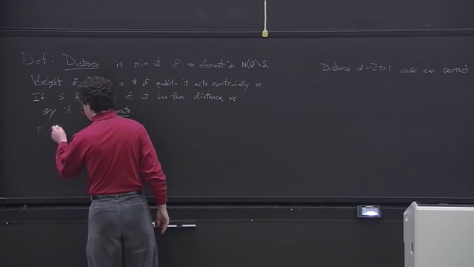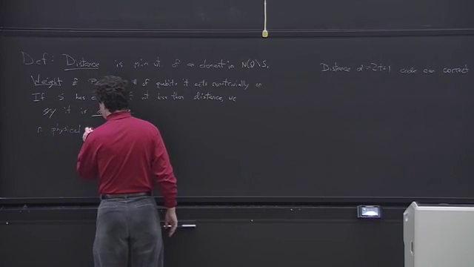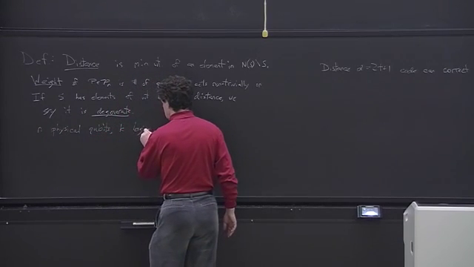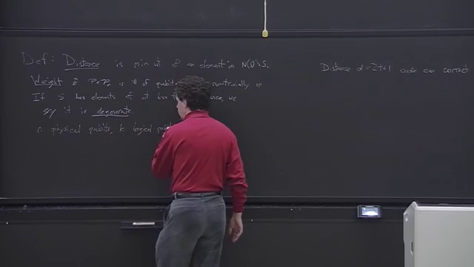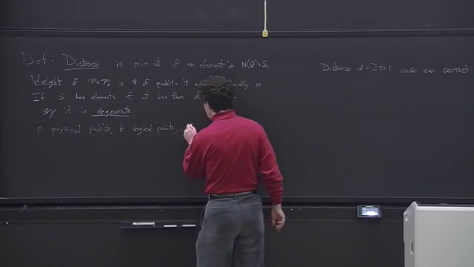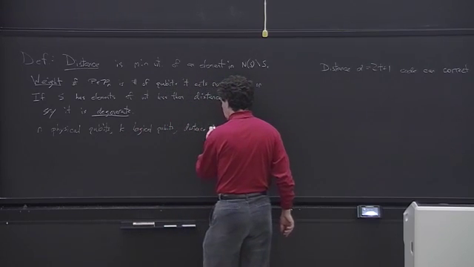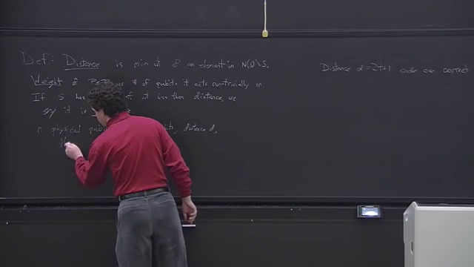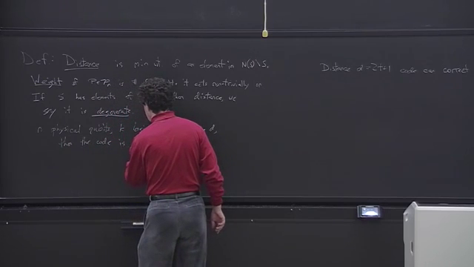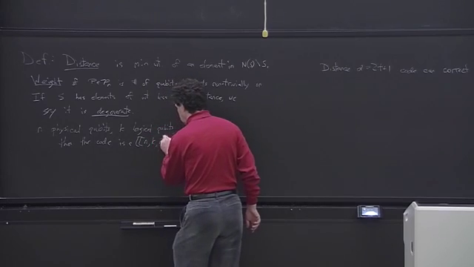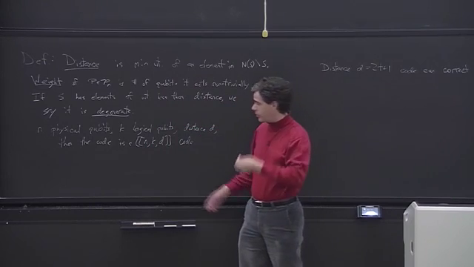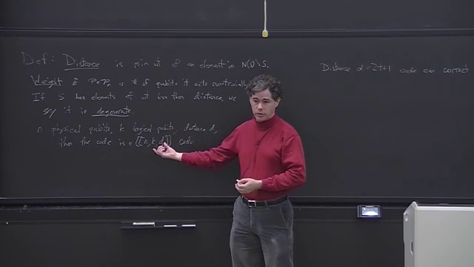If we have n physical qubits and k logical qubits, which remember means that there are n minus k generators in the stabilizer, and distance d, then we write the stabilizer code in the following notation: n, k, d in double brackets. OK? So this summarizes immediately the main things you're usually interested in about a code.